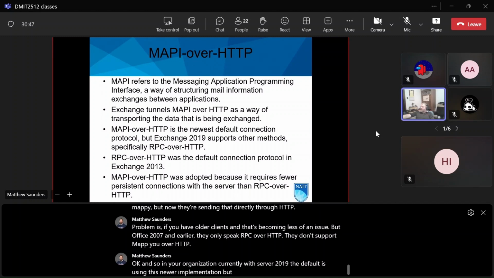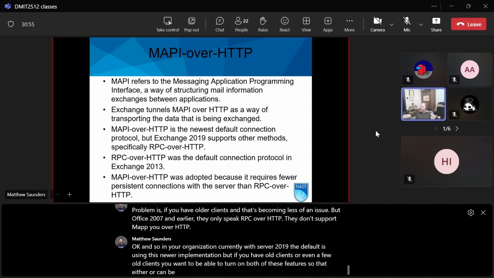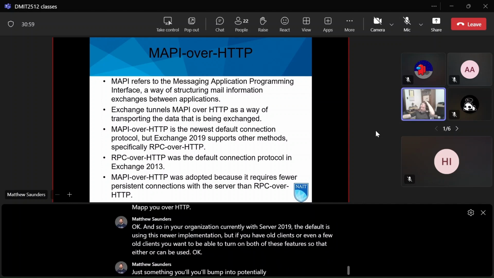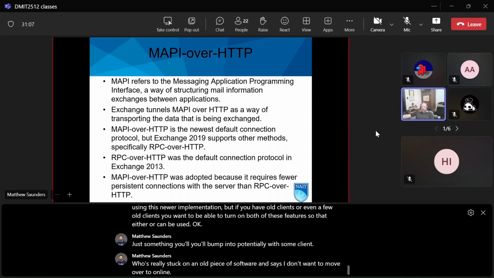But if you have old clients, even a few, you want to turn on both features so that either can be used. You'll potentially bump into some client who's really stuck on an old piece of software and says, "I don't want to move over to online. I don't want to pay for it."